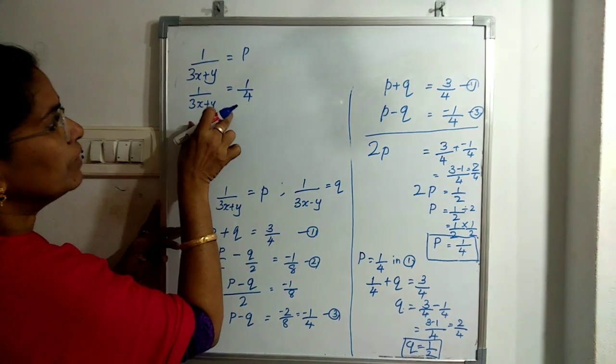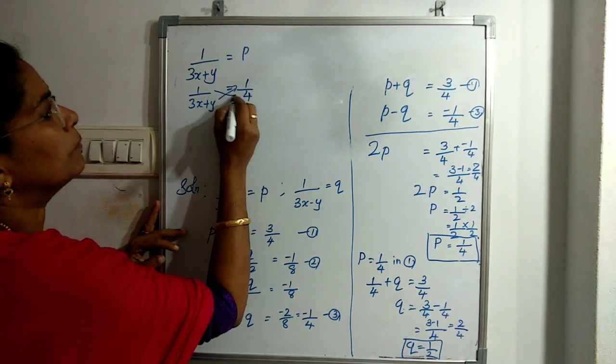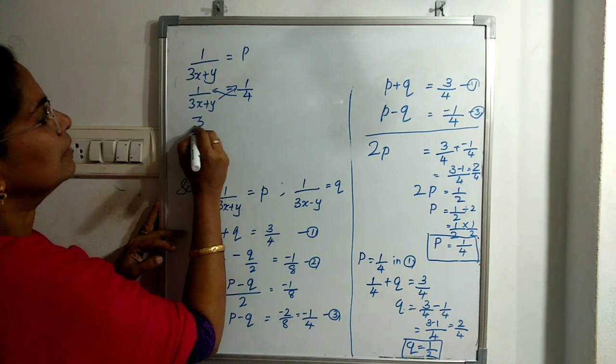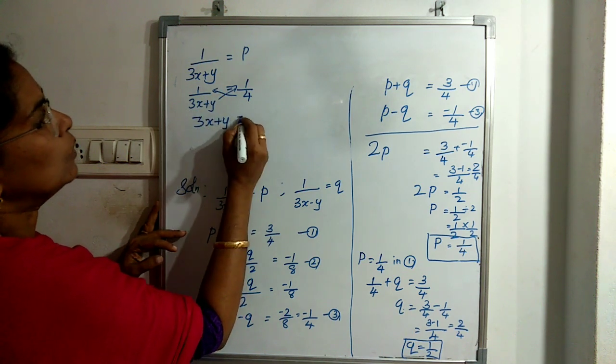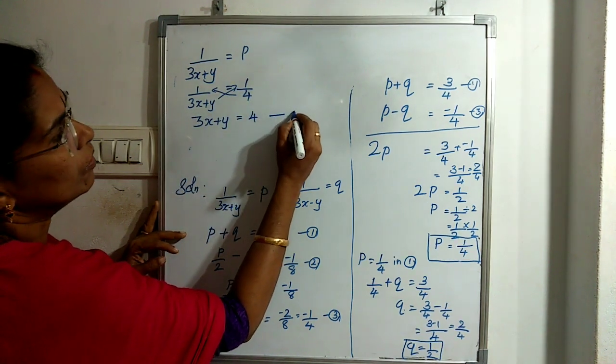From here we have to make one equation. Just cross multiply like this. We will get 3x plus y equal to 4. So this is our equation 4.